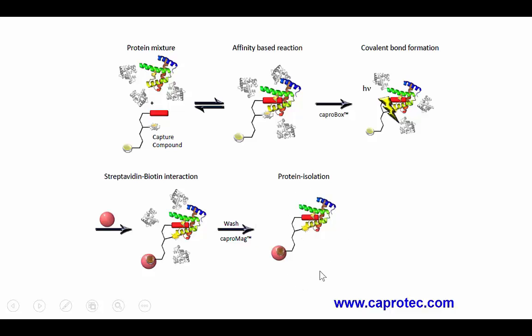This process is very similar to the affinity matrix. But the big difference is, in the beginning, we add a small molecule. And then, only at the last step, we add streptavidin bead. Then we reduce the interaction time of the bead with the protein mixtures. Then we can potentially reduce the non-specific binding to this bead. Once we get this protein, now we can isolate that protein and then analyze by mass spec.